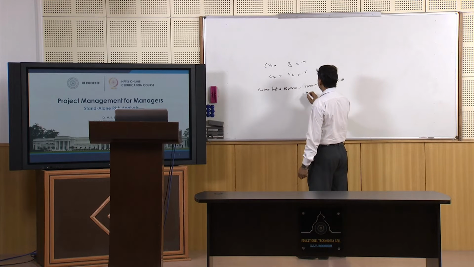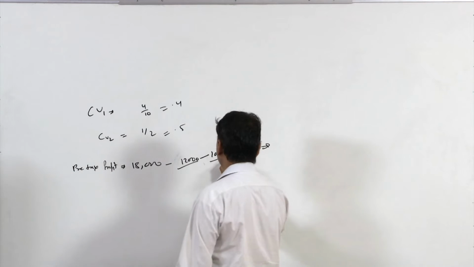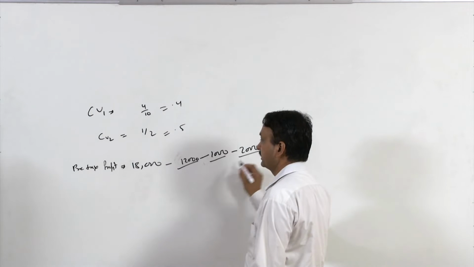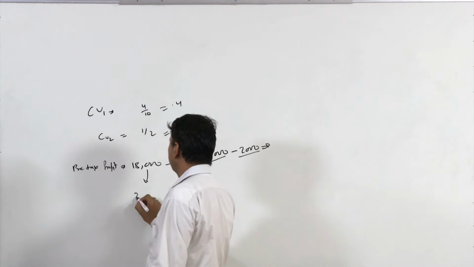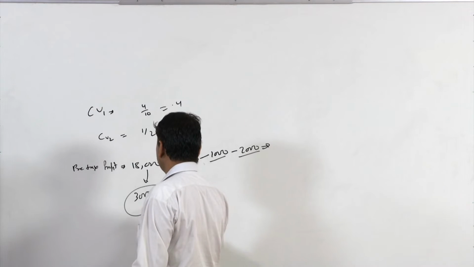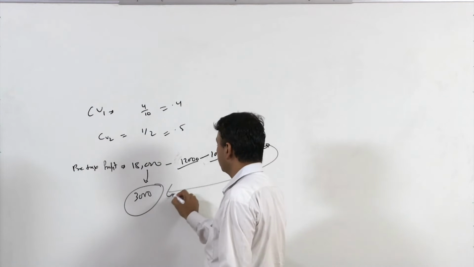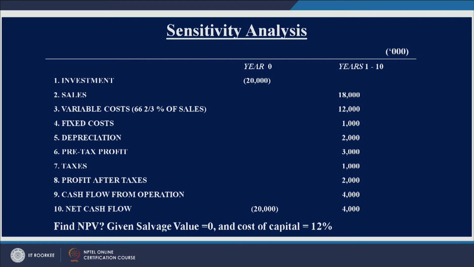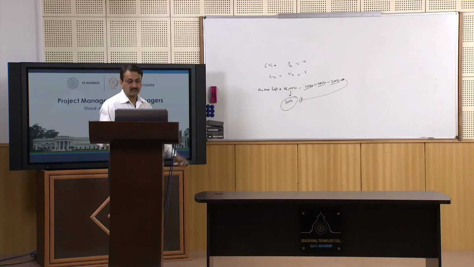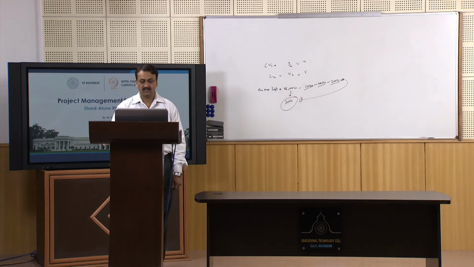This comes out to be 12, 13, 15, right. So, remaining is 3,000, which is given here, right. Pre-tax profit is 3,000, so keep in mind this formula for calculation of pre-tax profit.